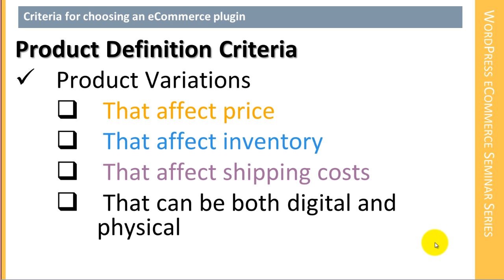And whether or not variations can be both digital and physical. Imagine the example of a bookstore where the bookstore sells a hardcover copy, a softcover copy, a PDF copy, a Kindle edition copy, an EPUB copy, a book on tape copy, or an audio copy, all of the same book. Those can all be different variations.